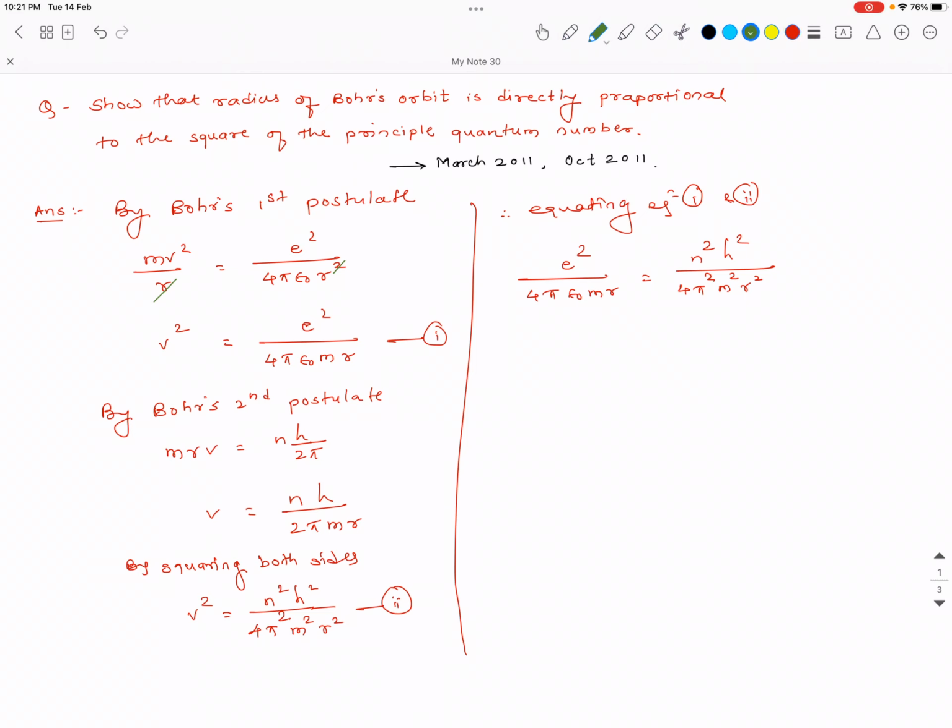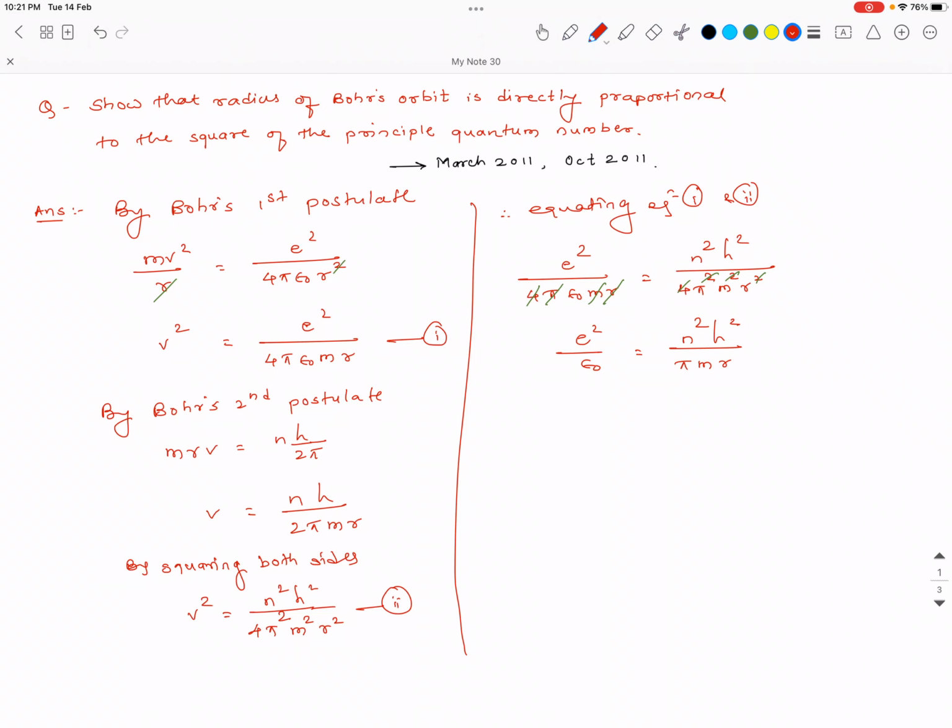Now we can cancel common terms: r, one m, one pi, and 4 get cancelled. After cancellation, we get e square divided by epsilon 0 is equal to n square h square divided by pi m r.